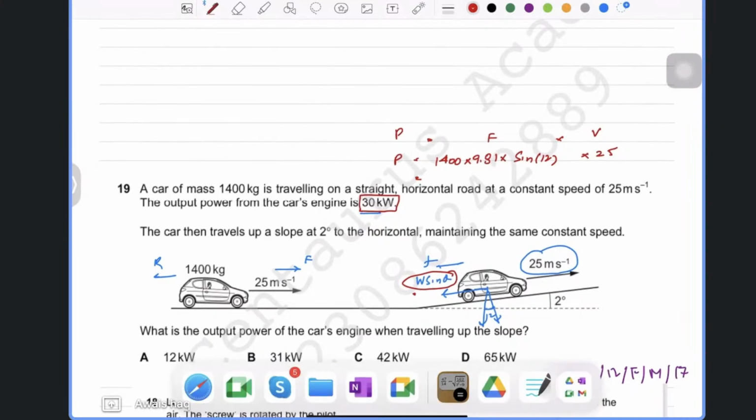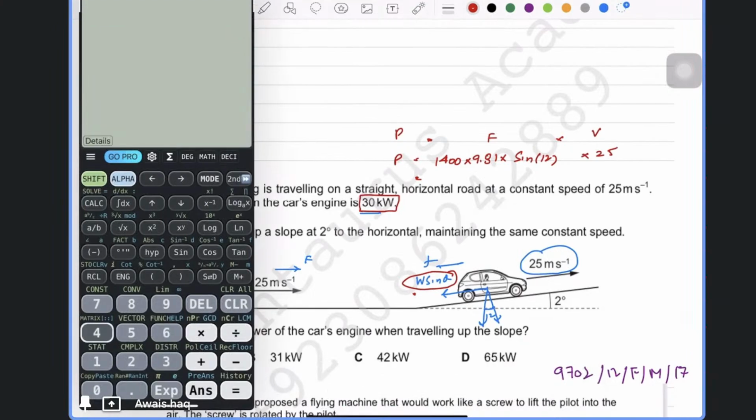According to my calculator, 1400 multiplied by 9.81, multiplied by sine of 12, and then multiplied by 25.